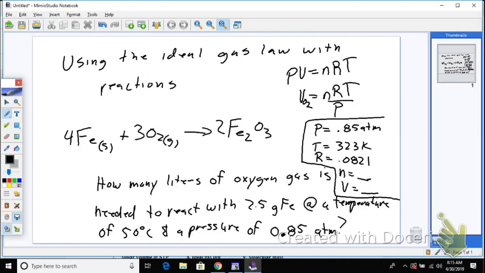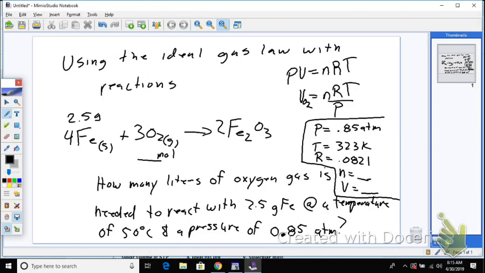So we want to find moles of O2. What do we know we have moles of? Toby? Moles of iron. We know we have moles of iron, well, we have grams of iron. So we have 2.5 grams of iron.